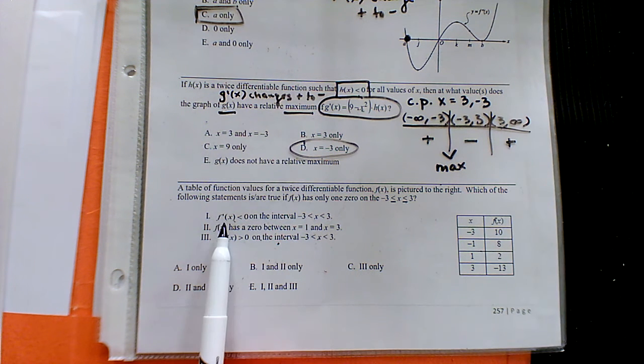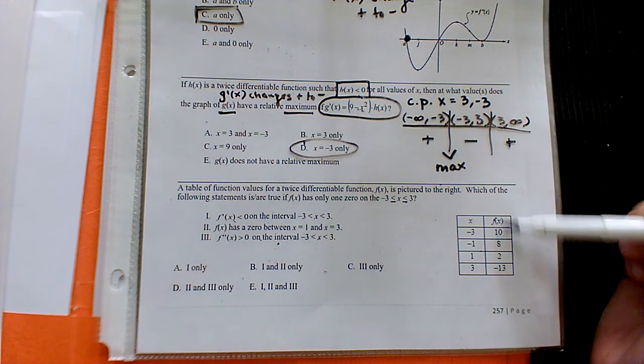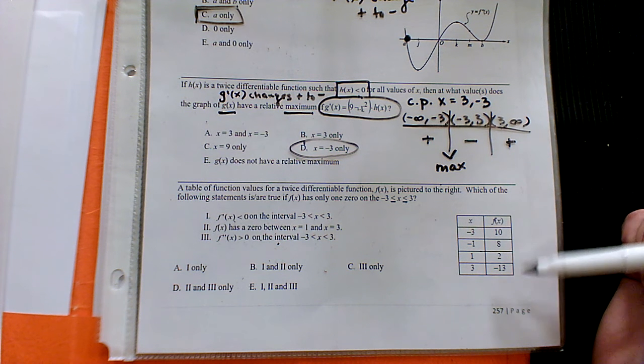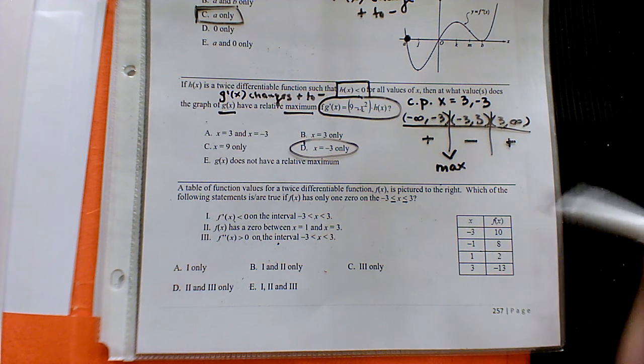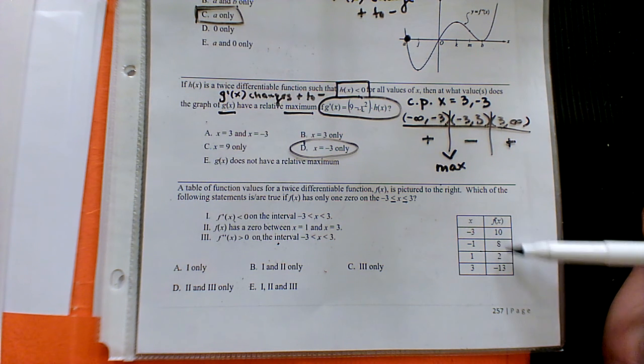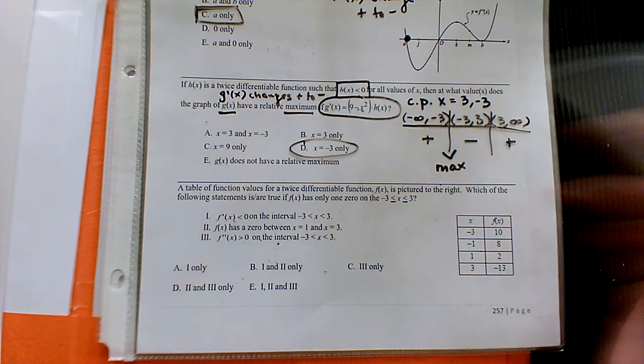They're asking us about the first derivative, and they gave us original function information. Is that statement true or false? What should we be looking for? Is f of x decreasing? Yes.